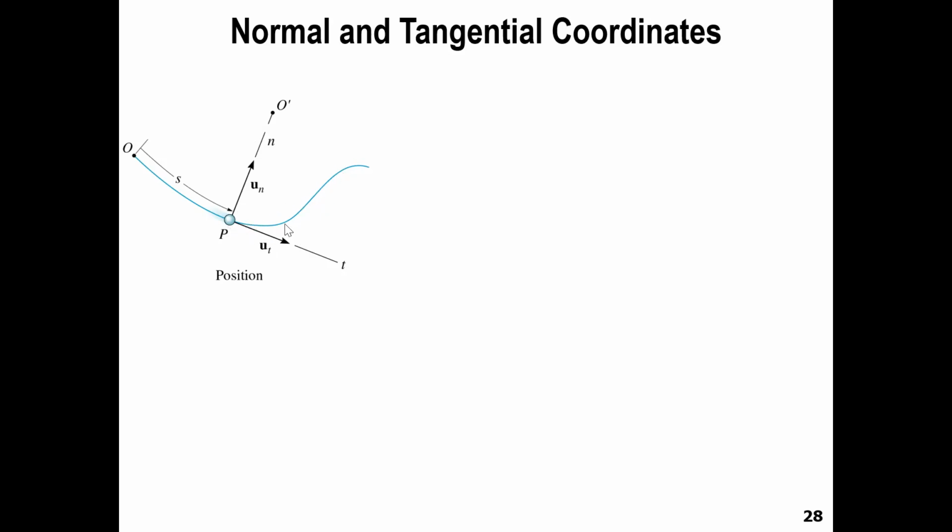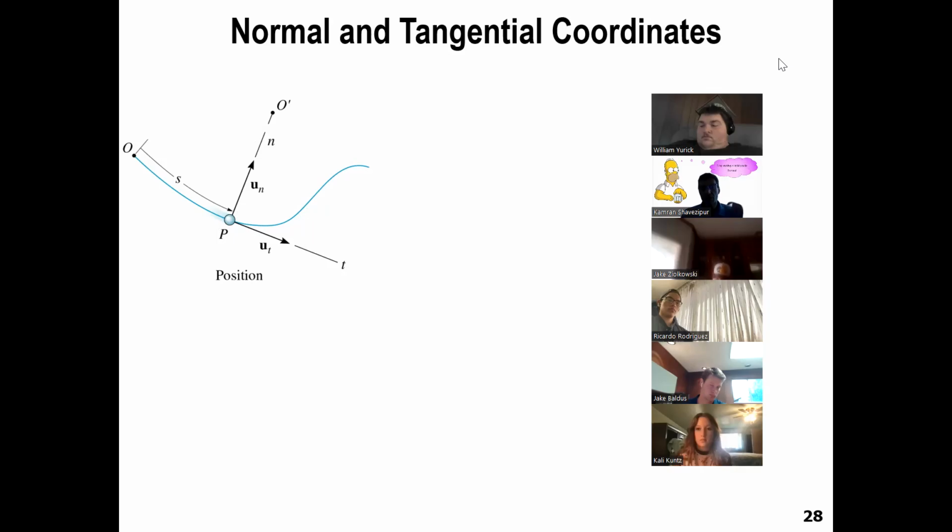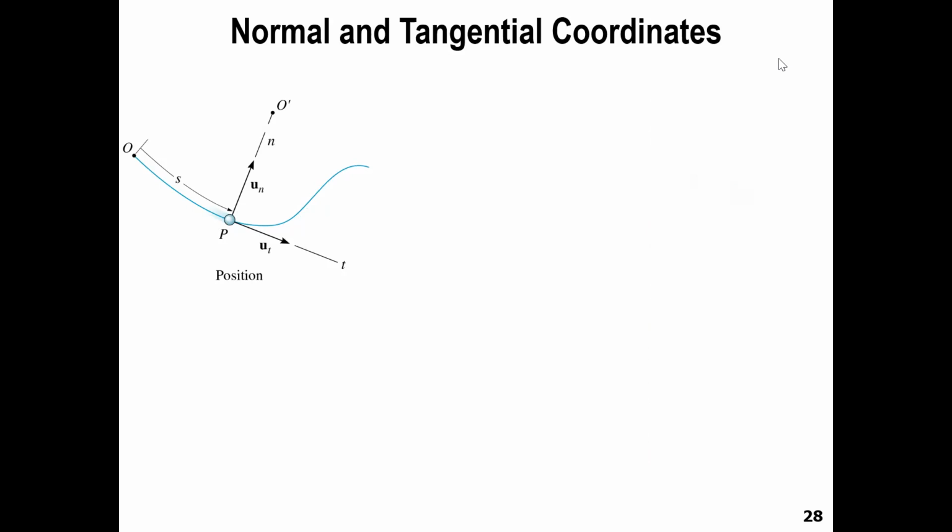So the direction of the tangent changes. Remember, it's still a unit vector, the length is 1, but a vector is made of magnitude and direction. If either of them changes, the whole vector changes, right? So if the direction of UN and UT change, they're not constant vectors anymore.